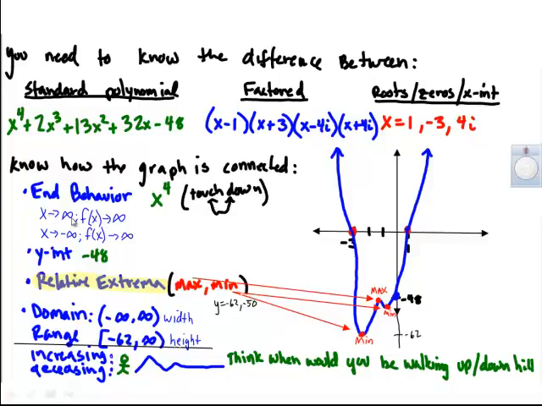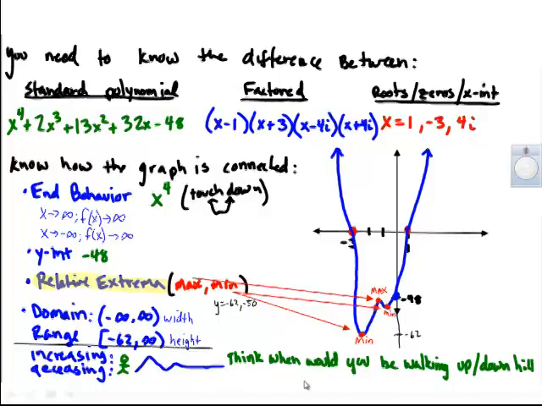So as x is going to the right, it's going up. That's what this end behavior is communicating. And as x is going to the left, it is also going up. The y-intercept is where it crosses the y-axis. And then we have maximum, minimum points. That's just where we have those transitions, where it goes from decreasing to increasing, decreasing to increasing.